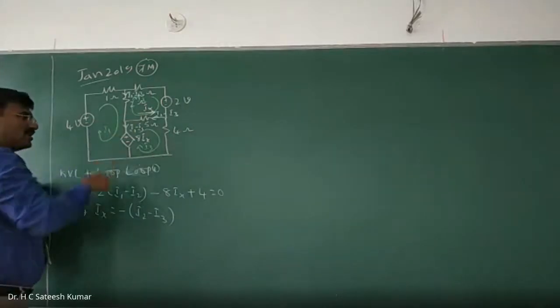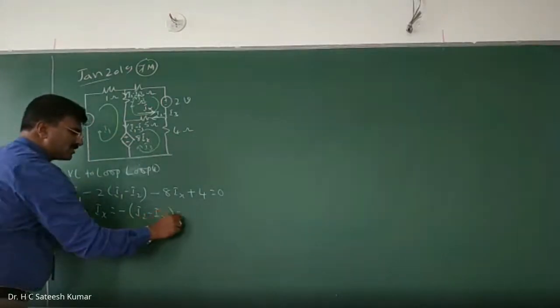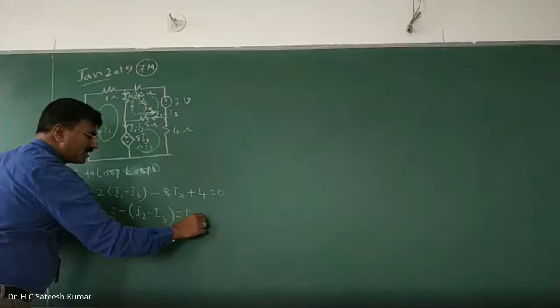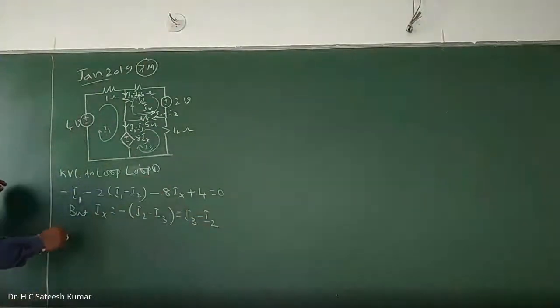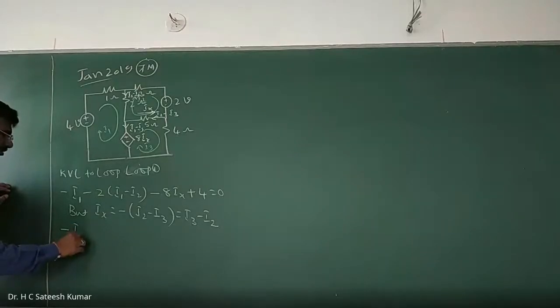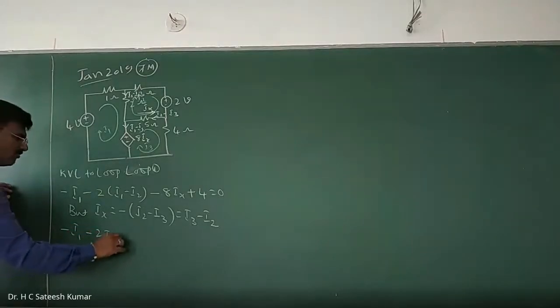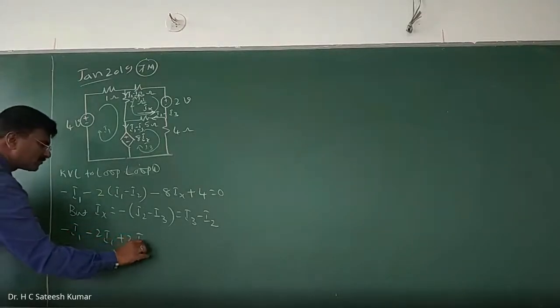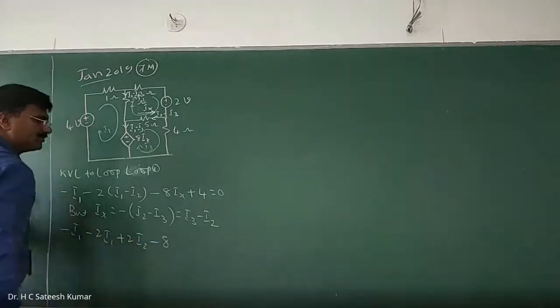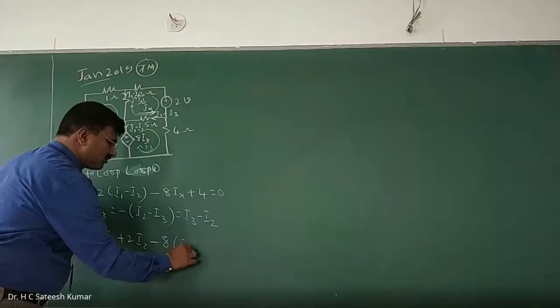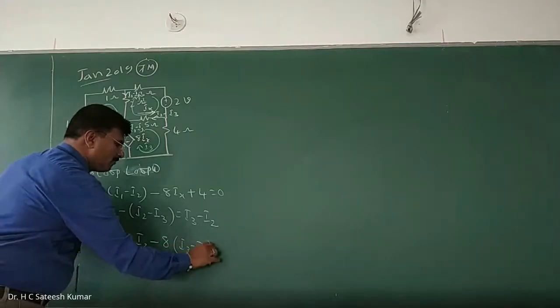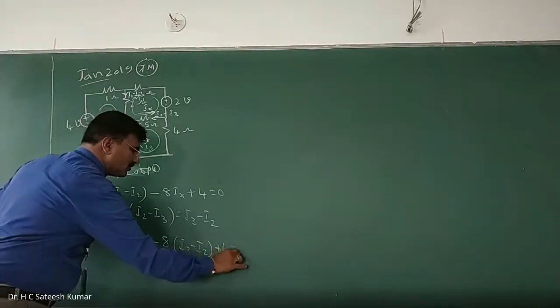Substitute in this equation: minus I1 minus 2I1 plus 2I2 minus 8 into I3 minus I2, plus 4, is equal to 0.